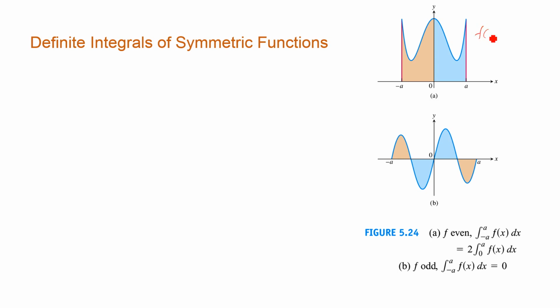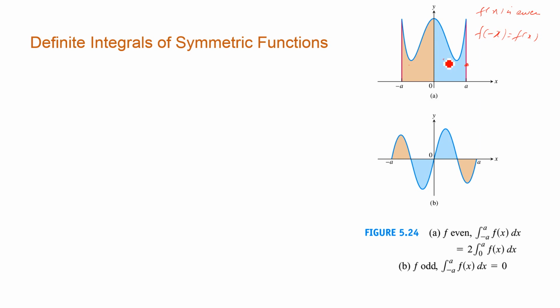f of minus x is equal to fx. If we have a function fx, then fx is even if f of minus x is fx. Okay, so you can see whatever the point here for the positive a, exactly there is a point at the same distance, same height, the value of the function at x is equal to minus a.